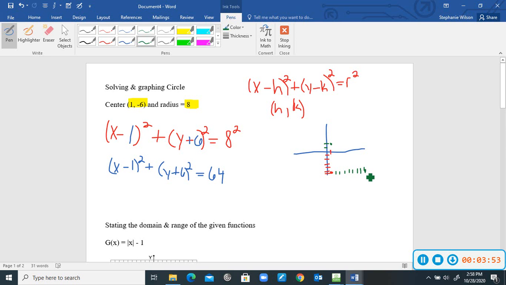I'm going to plot it here. That means I'm going to go down from this center 1, 2, 3, 4, 5, 6, 7, 8. Let's plot it. Go back to the center and go to the left, 1, 2, 3, 4, 5, 6, 7, 8.